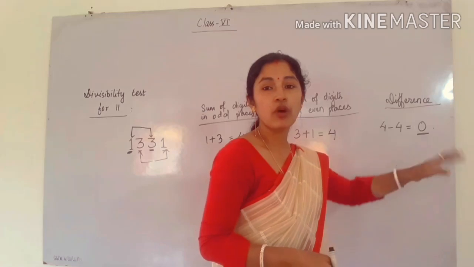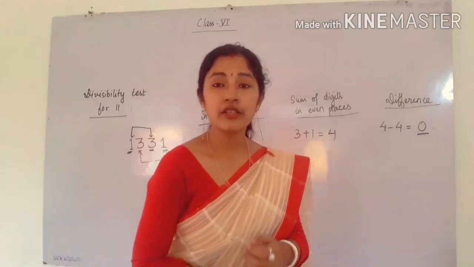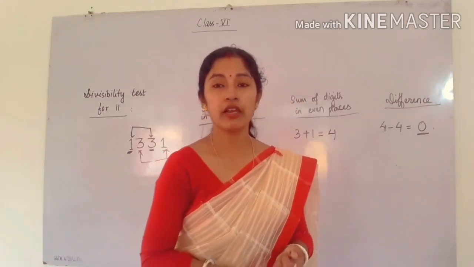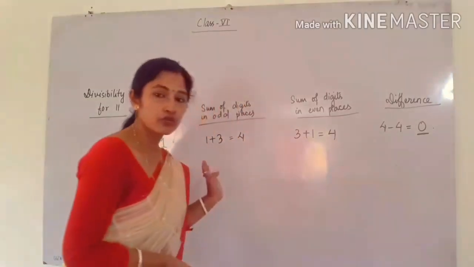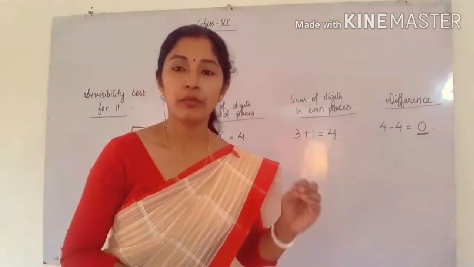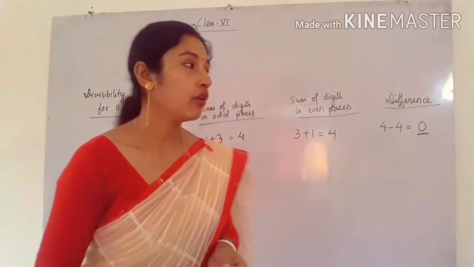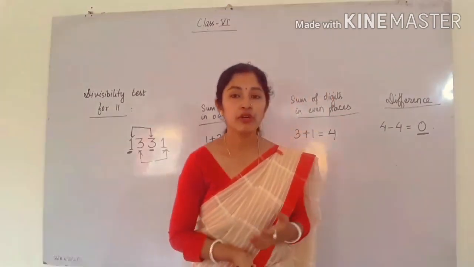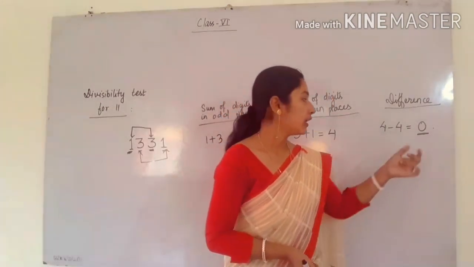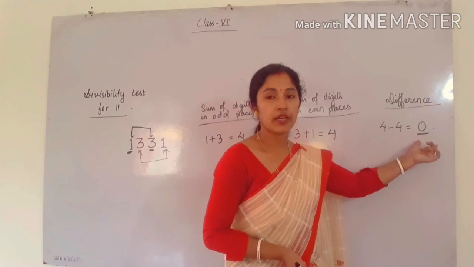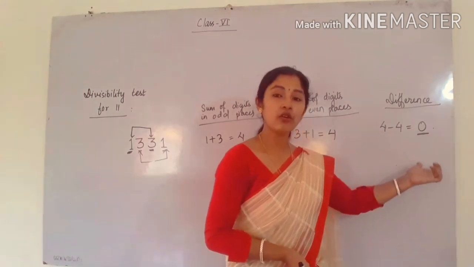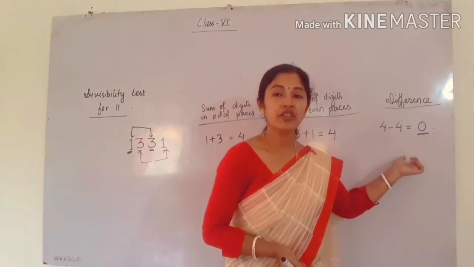So you have to check if 1 is divisible by 11 or not. The answer is no, 1 is not divisible by 11, so that number will also not be divisible by 11. So which are the numbers which are divisible by 11? Yes, 0 is divisible by 11. Again, if 11 came, then also the number is divisible by 11.